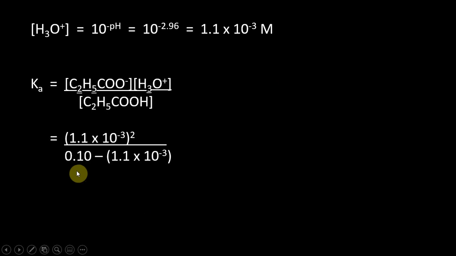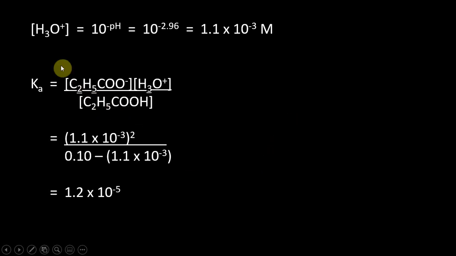All right, so we know that our x value then is going to be our 1.1 times 10 to the minus 3. That value gets squared because it's the two multiplied against each other. The 0.1 minus x is our acid concentration. And when you plug in the numbers and do the math, you get 1.2 times 10 to the minus 5 as our Ka value.